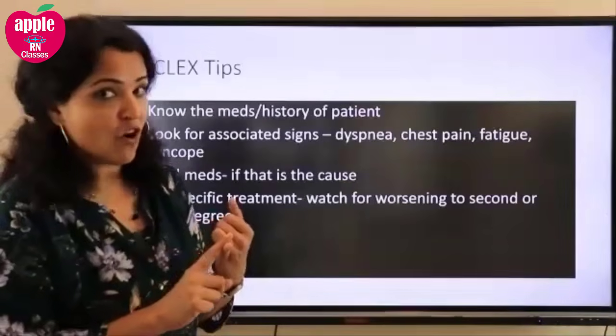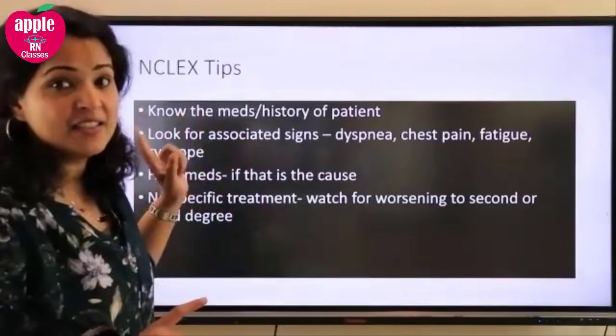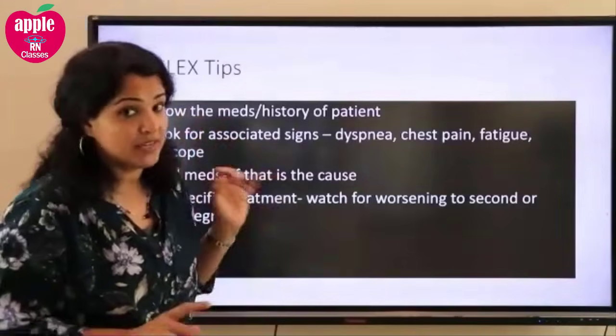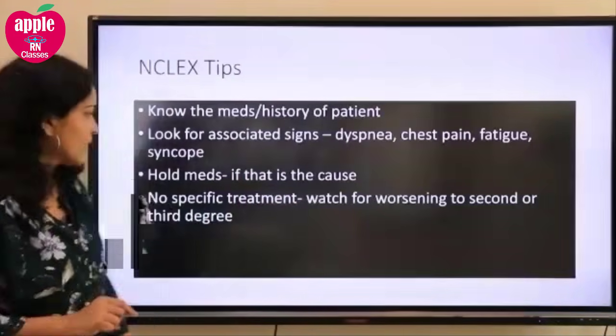That's when we know this is not something we are just going to let go. We need to intervene, we need to do something, right? But most of the time it will be okay.